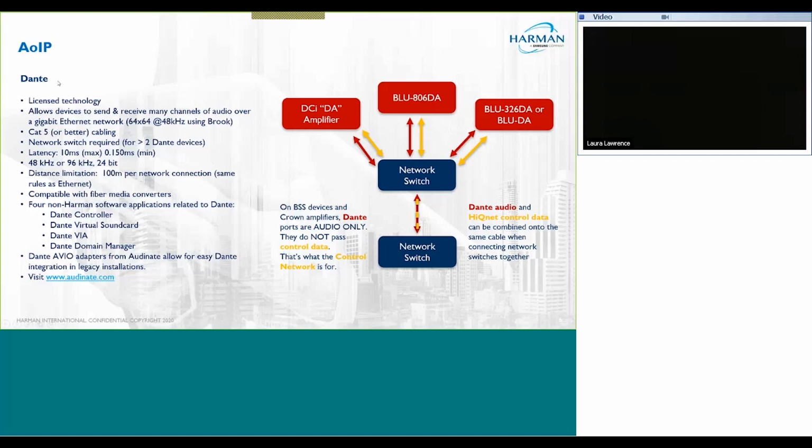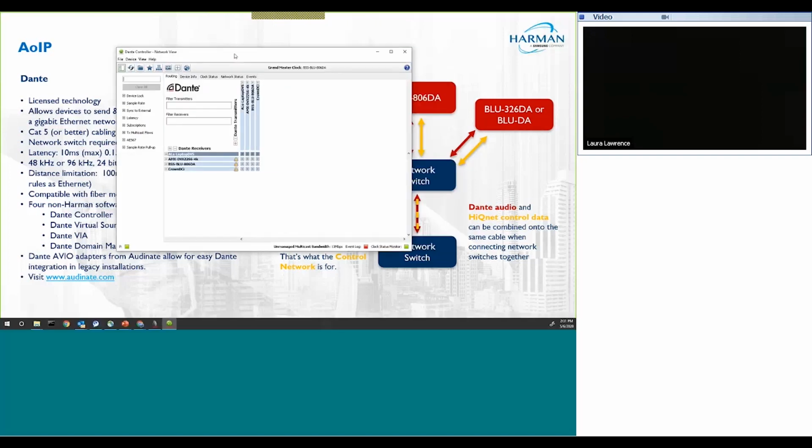So the first software we're going to discuss is Dante Controller, and I happen to have Dante Controller here, and I've got some devices you see on my screen. Hopefully that's coming across now. So I have 4 different devices on my network that support Dante.